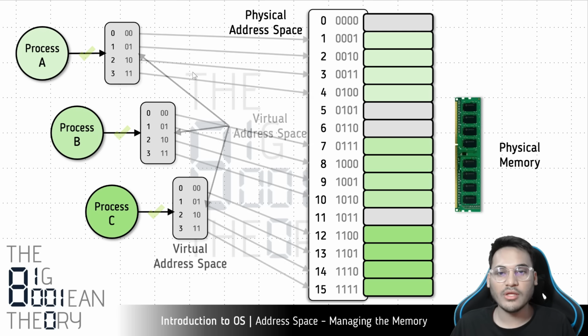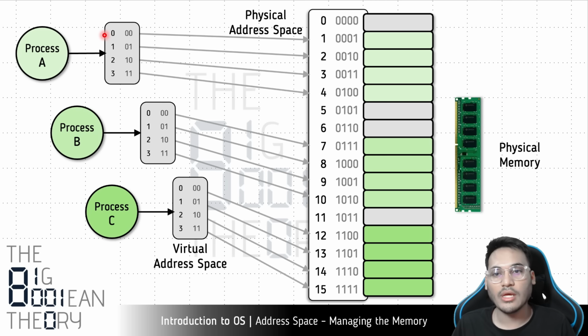Basically, all the addresses in the virtual address space are mapped to some physical address. In this case, the addresses in the address space of process A are mapped to the physical addresses that are associated with the data of process A. The same is true for process B. These addresses are mapped to the physical addresses where the data for process B is stored, and the same is the case for process C.